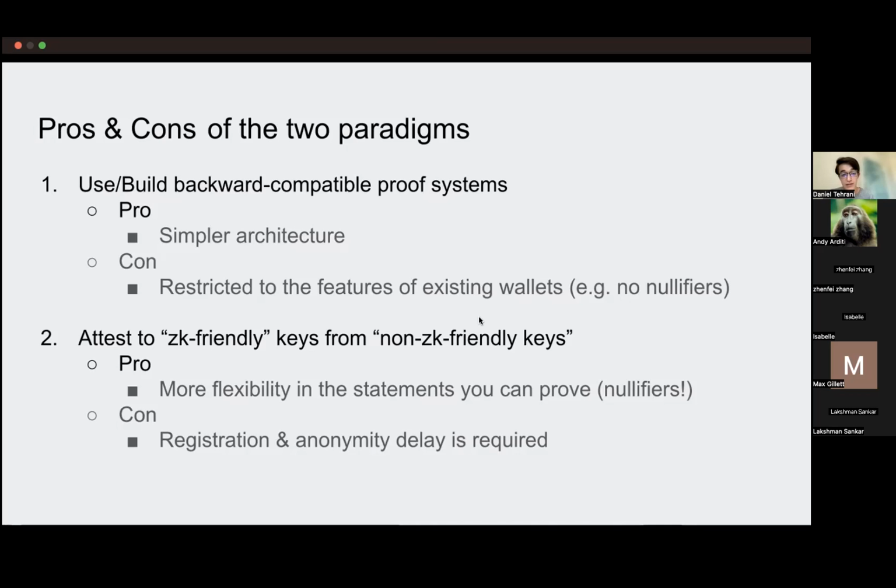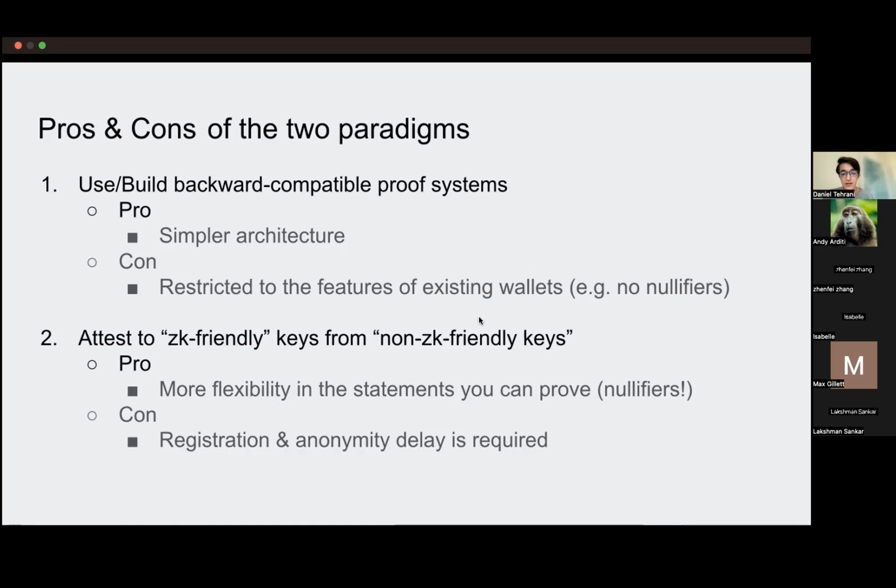Regarding the second paradigm, the advantage is that, unlike the first one, you get more flexibility in the statements you can prove. Basically, you get nullifiers because you can directly generate proofs from the private key. In the first paradigm, because private keys are embedded or not accessible from interfaces, you can't do that.